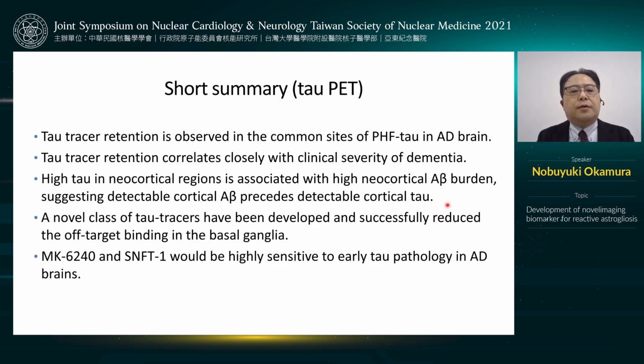And a novel class of tau tracers has been developed and successfully reduced the off-target binding in the basal ganglia. MK6240 and our new tracer SNFT1 would be highly sensitive to early tau pathology in AD brains that possibly visualize age-related tau accumulation in the brain.